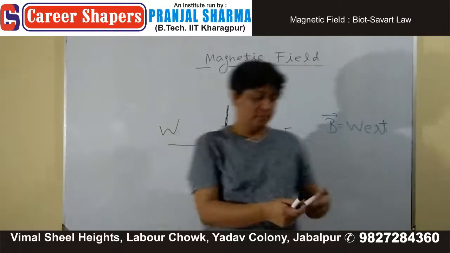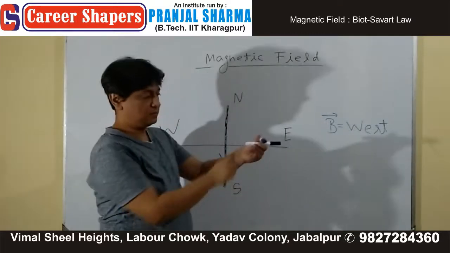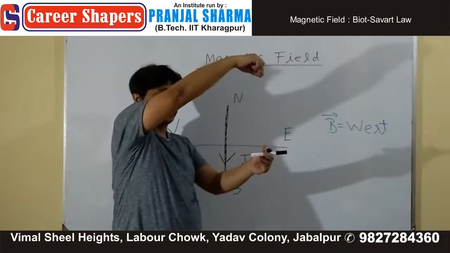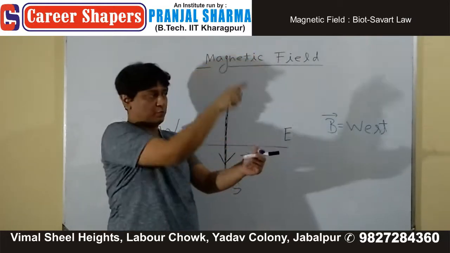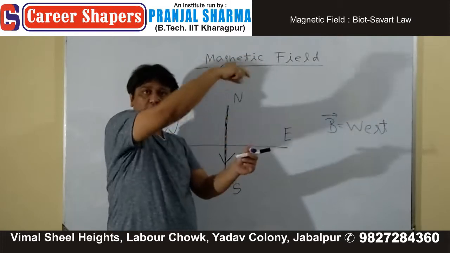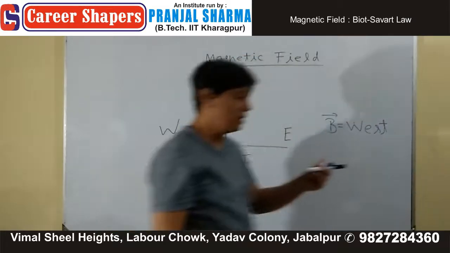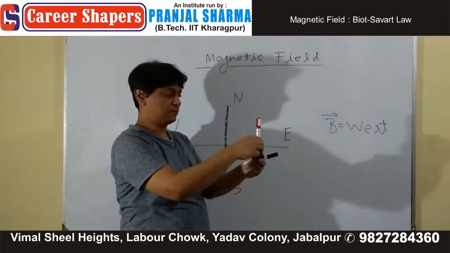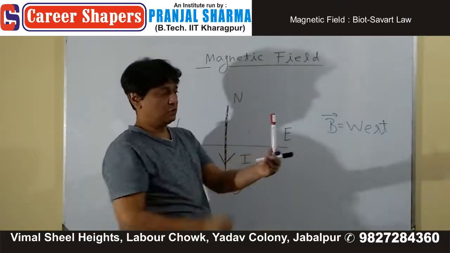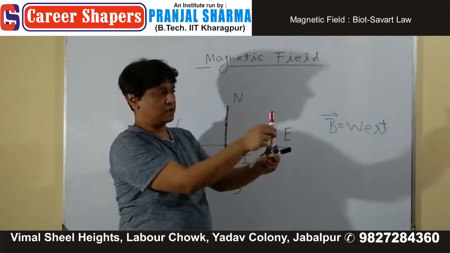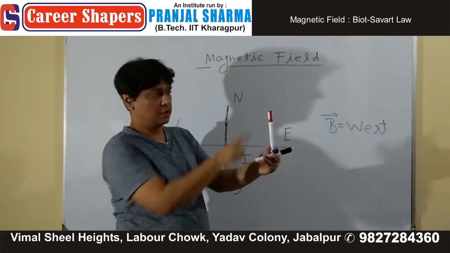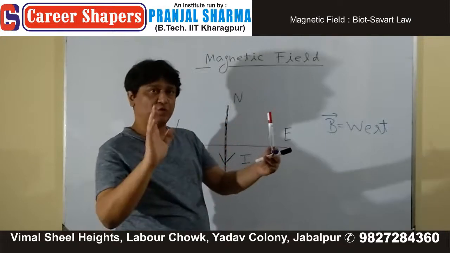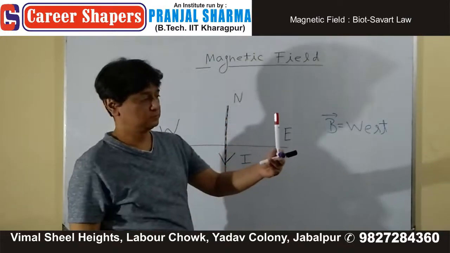This setup of current carrying wire, which is in the horizontal plane, and this point, the point which shows the position where field is required. Let me show this with the help of this red marker. The top of the red marker shows that point where magnetic field is required.